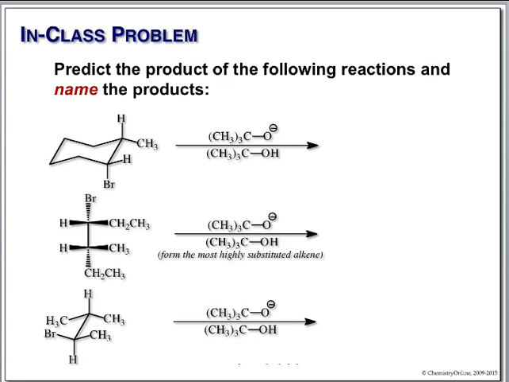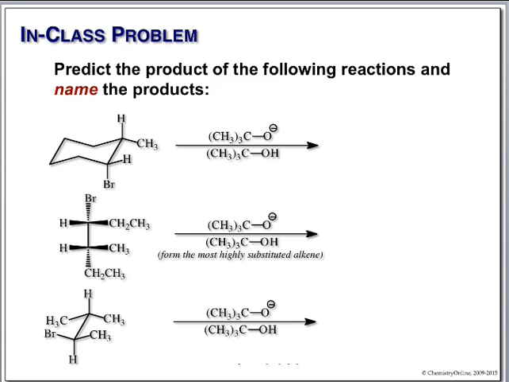All right. Here we have tert-butoxide as our only reactants. And again, that should tell us that we're going to do elimination reactions. And these are going to be E2 eliminations. We are starting here with a bromomethyl cyclohexane.